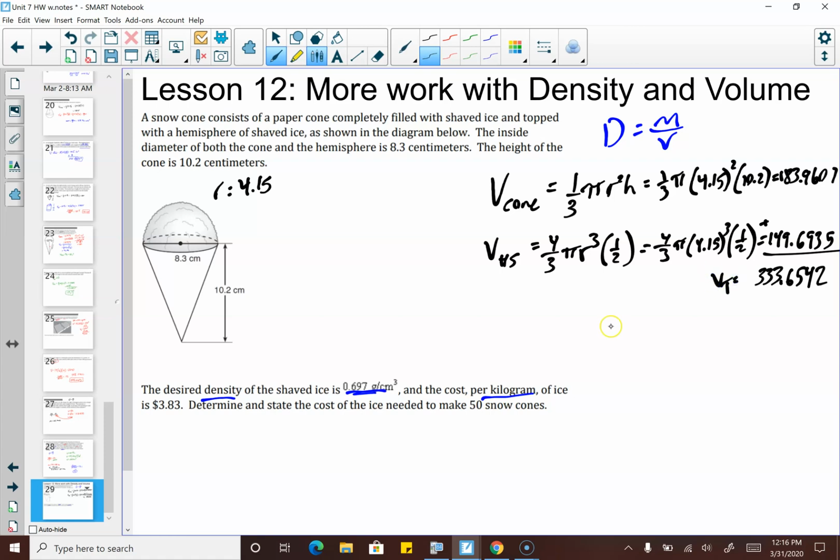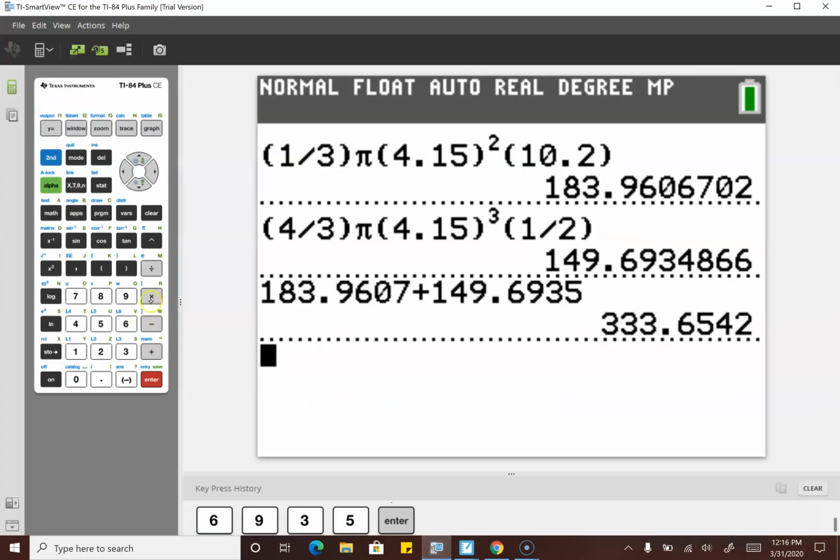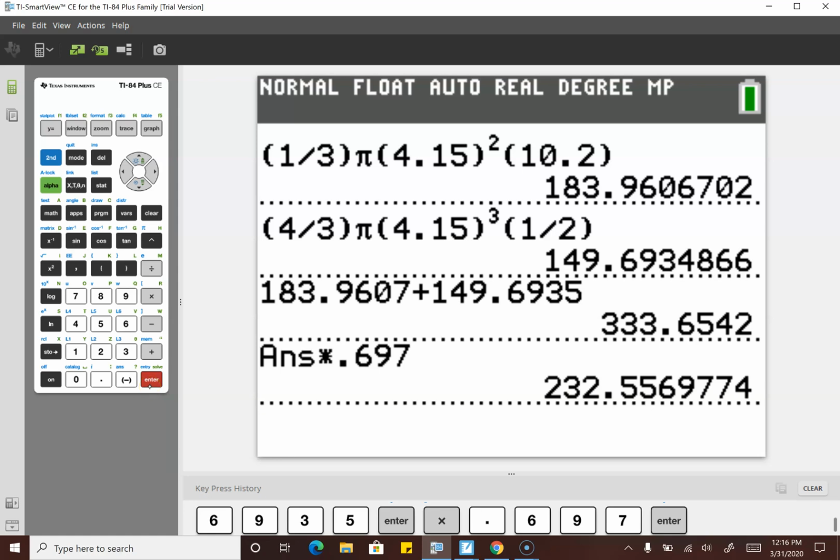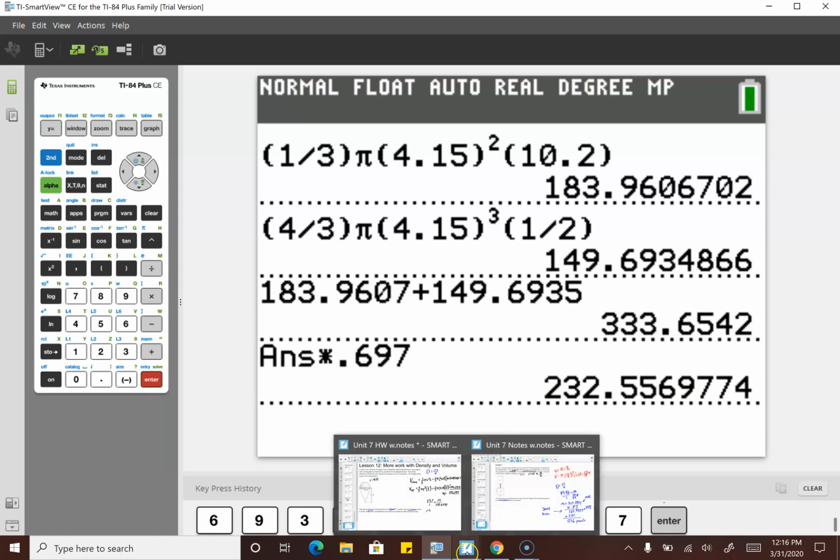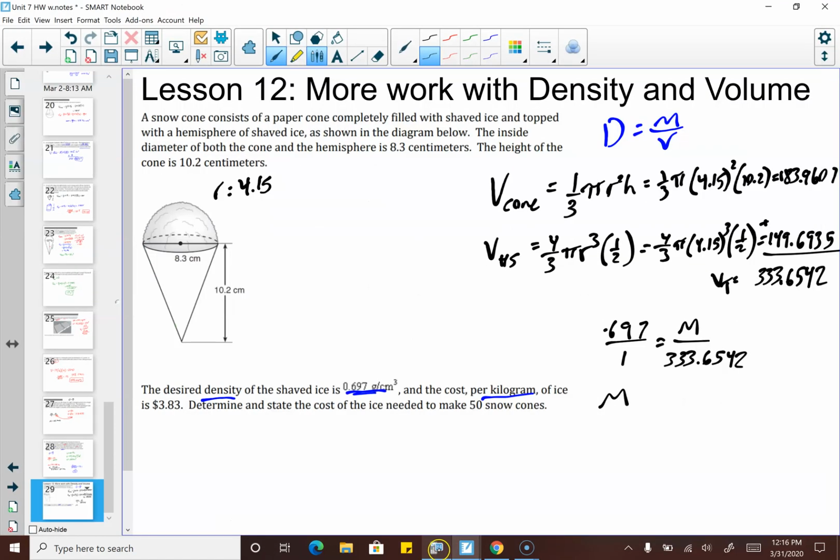So now we can plug that into our density formula. 0.697 over 1 equals M over 333.6542, which gives us a total mass in grams of 232.5570.